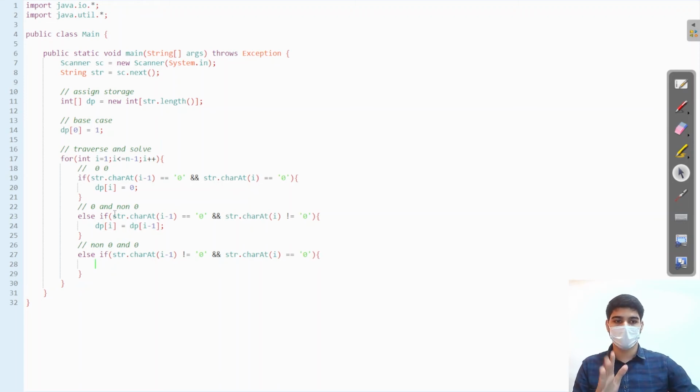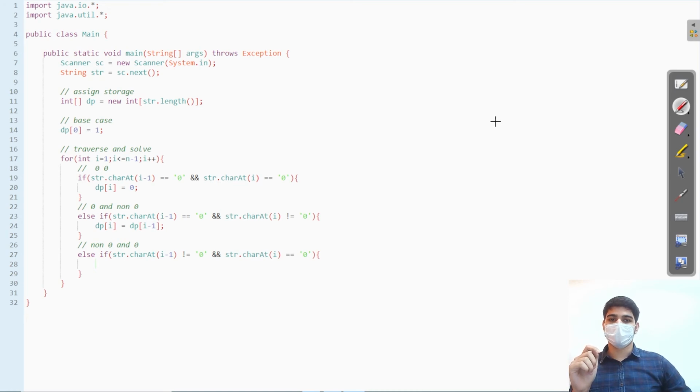I cannot make a call of a single 0. What does this mean? Let's suppose a number which is 20, something which is non-zero followed by 0. So my I minus 1 is non-zero, which is 2, and my I is 0. I cannot make a call of single because I cannot make a call from 0. That is not allowed.